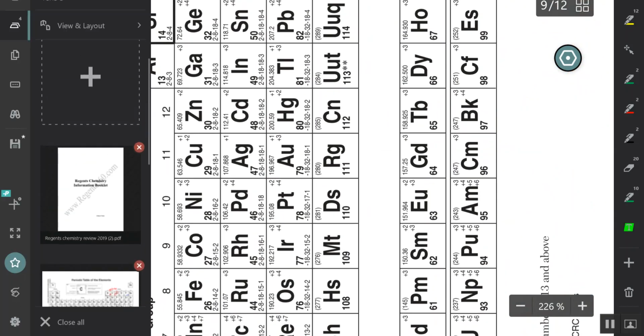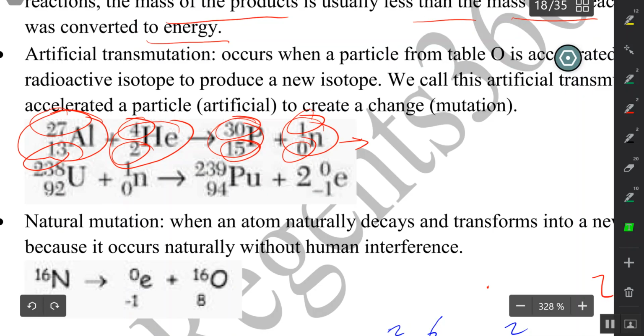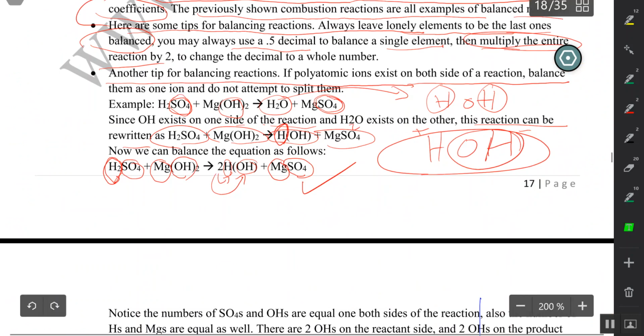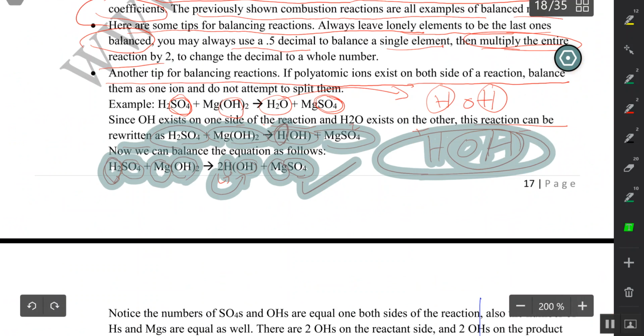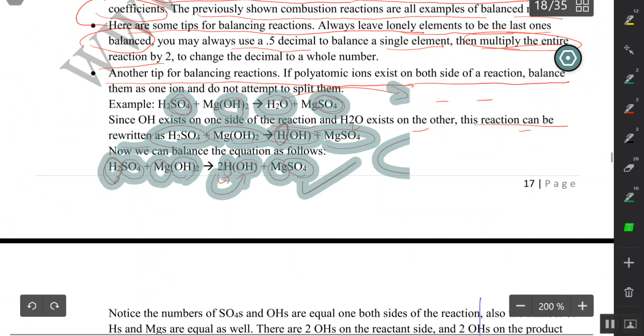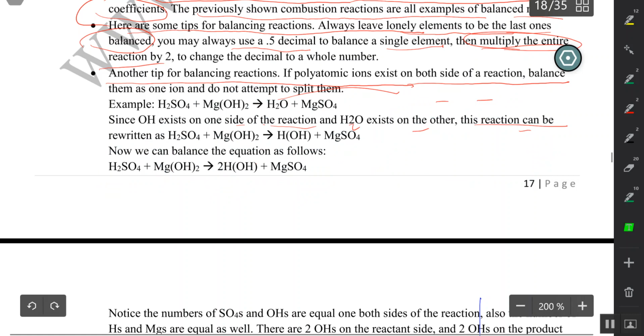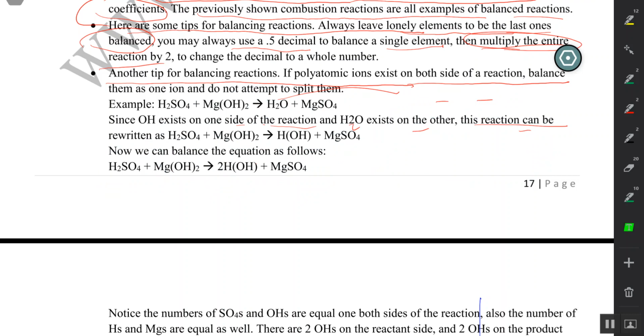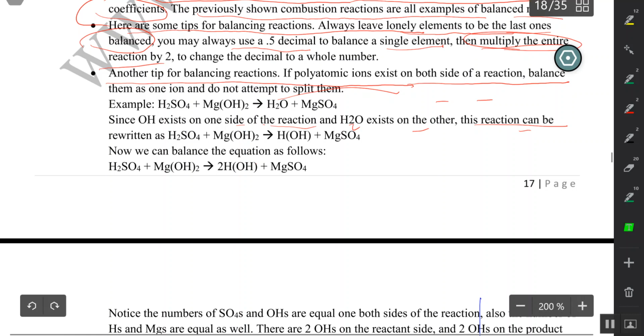Before I move on to the redox reactions, I want to make sure you understand that when you balance a reaction, you're saying that in order to produce a certain product, you have to have a certain amount of ingredients. For example, if you want to produce 2 moles of water, you need to mix exactly 1 mole of MgOH with 1 mole of H2SO4.